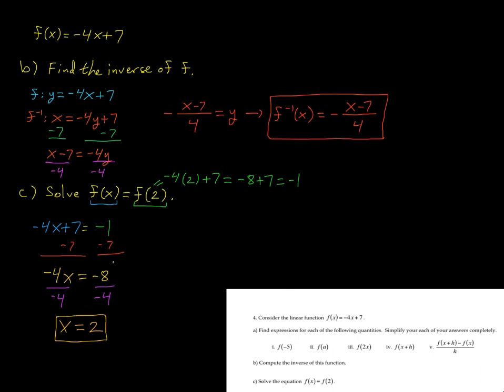Notice, looking back at the original equation, f of x is equal to f of 2. If I set x to 2, I'm just going to get the statement that f of 2 is equal to itself, which is certainly true. So this all does make sense. All right, that'll do it for this problem. I'll see you in the next one.